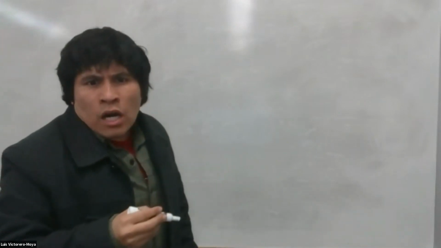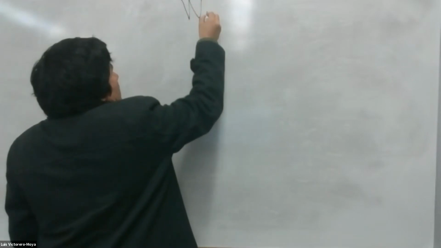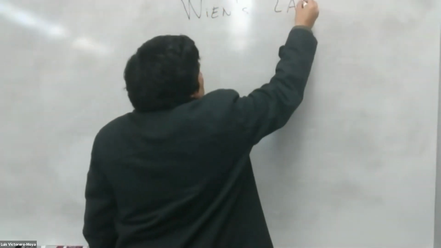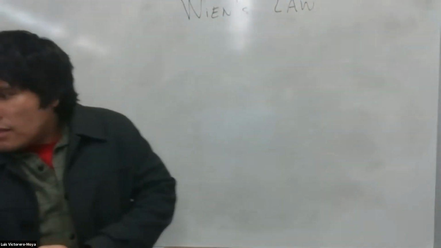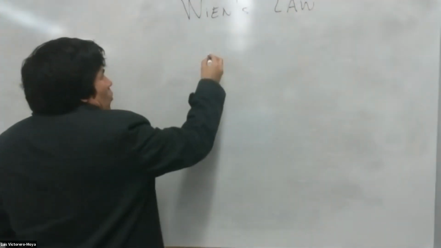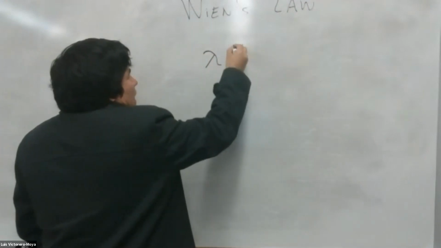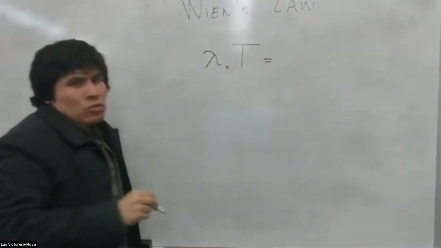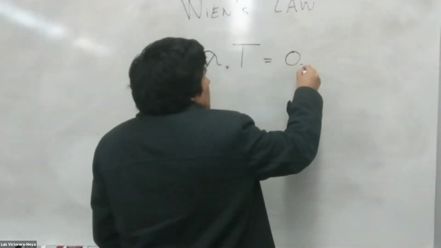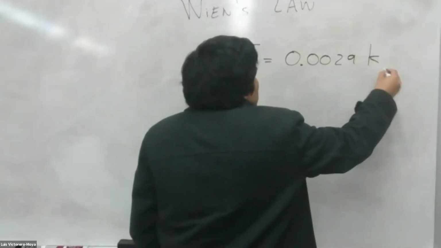The way you write it is normally like that, and it is used in black body radiation, where lambda times temperature of the peak is equal to approximately 0.0029 kelvin meter.